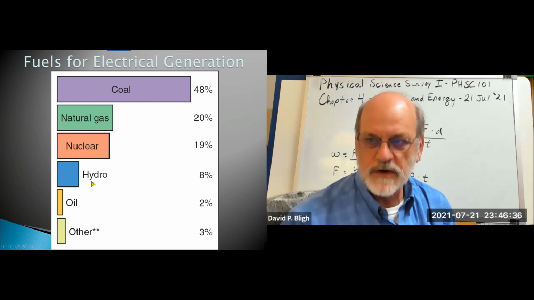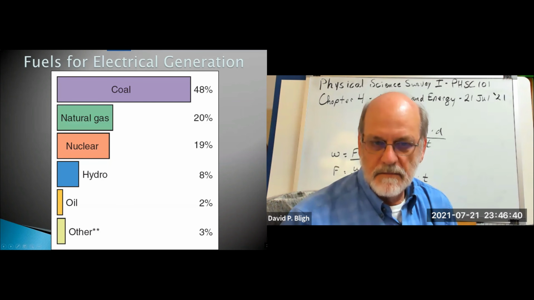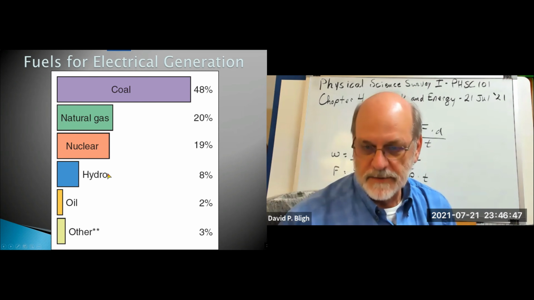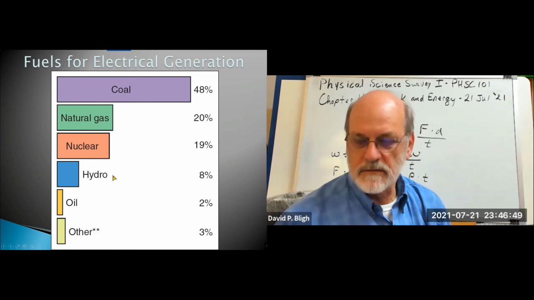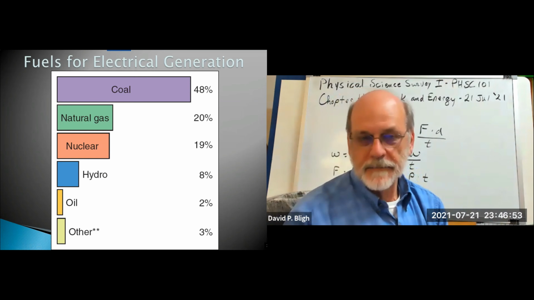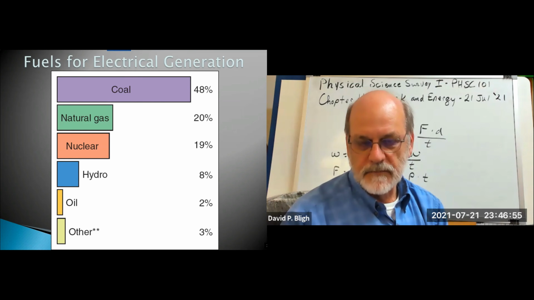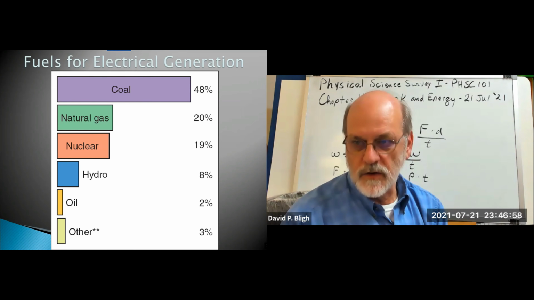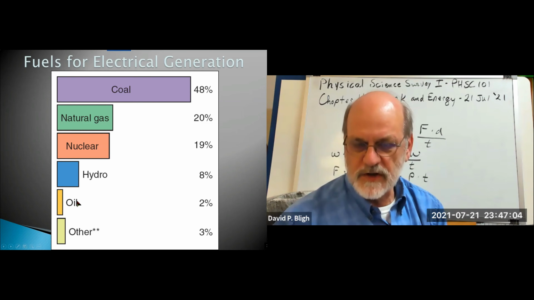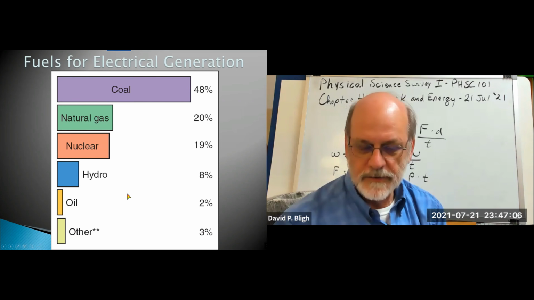Hydroelectric energy has reached its limit. The economically developable sites for hydroelectric power have all been used up. You need a place where you can store water at a sufficient height to drive your generators. And those places on rivers, all the good sites are taken. Oil doesn't produce much electrical energy. It's used in other forms.